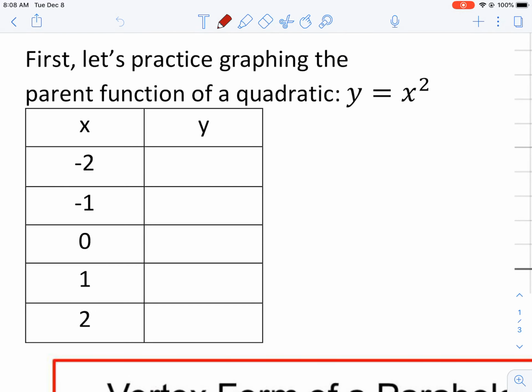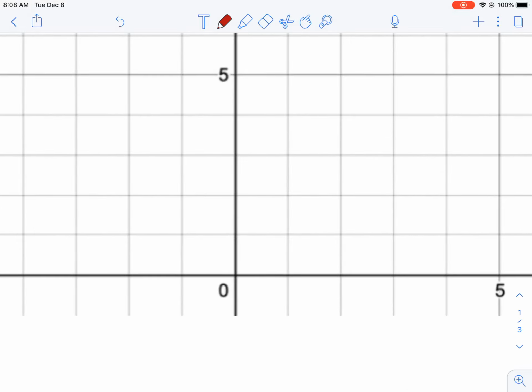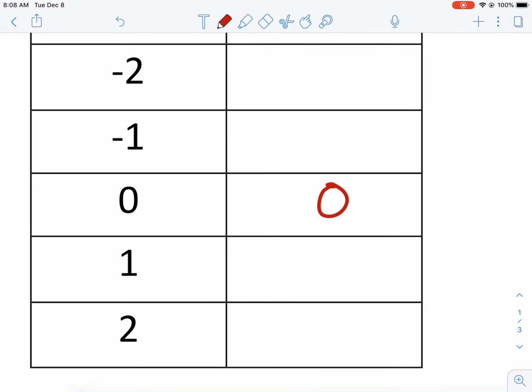All right, so if we look at the parent function y equals x squared, if we square each of these numbers, 0 squared is 0, so that's your vertex right there in the middle at 0, 0. The next 2 points on either side, 1 and -1, both of those squared equal 1, right?